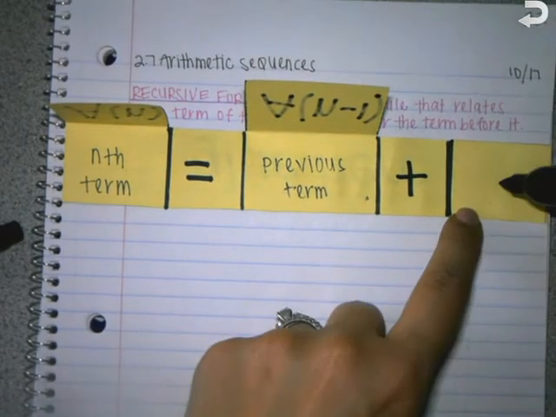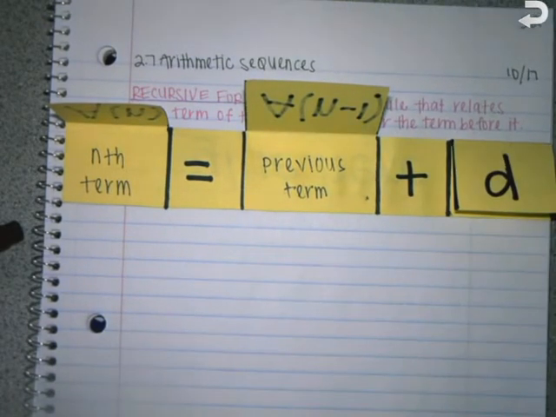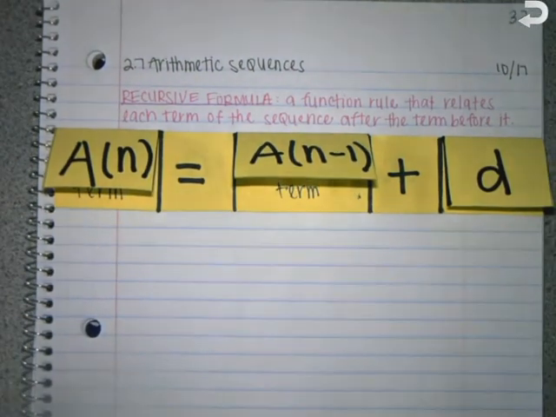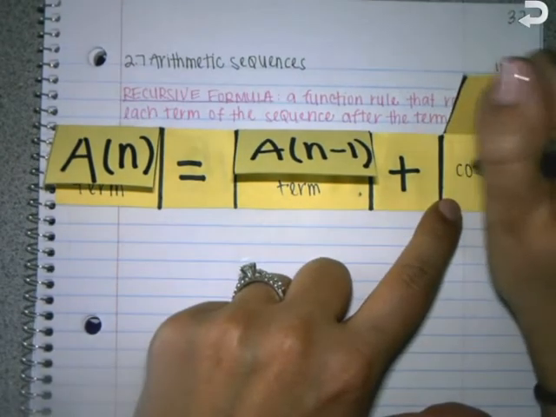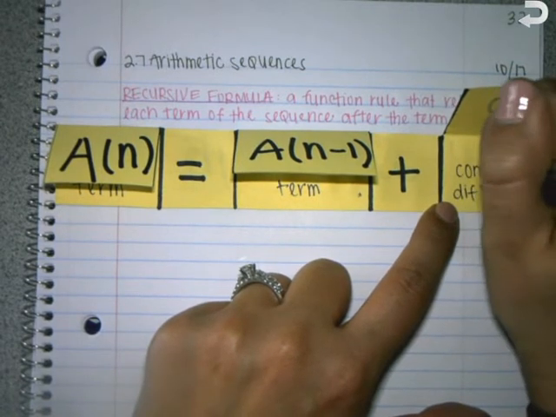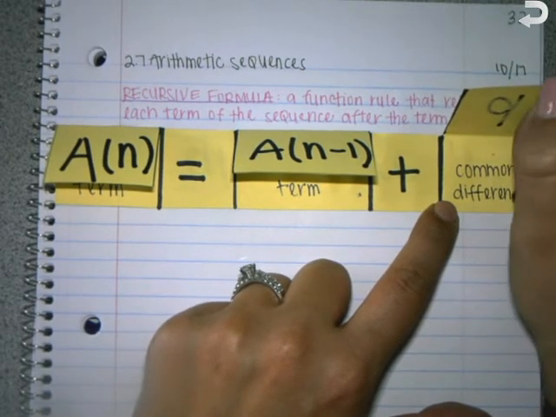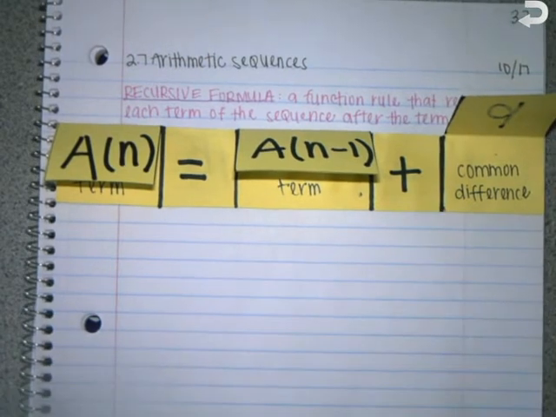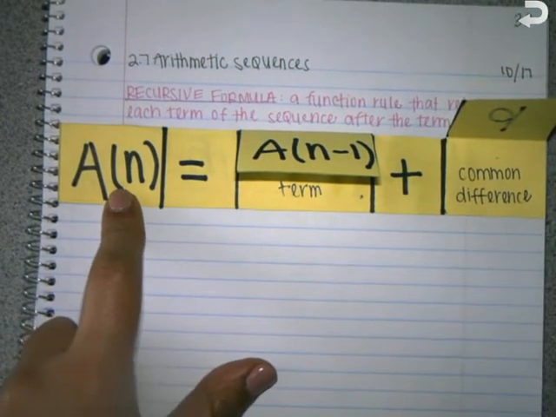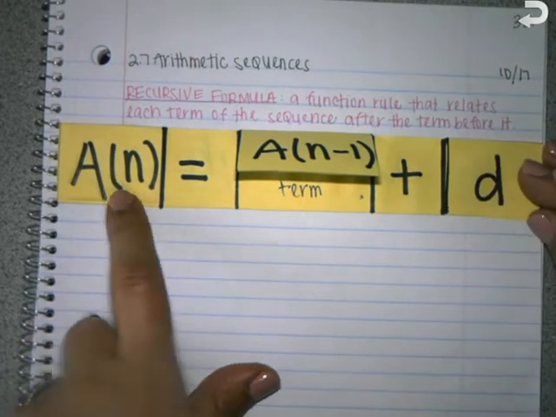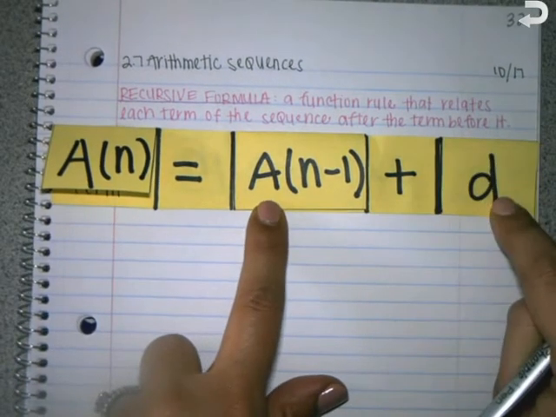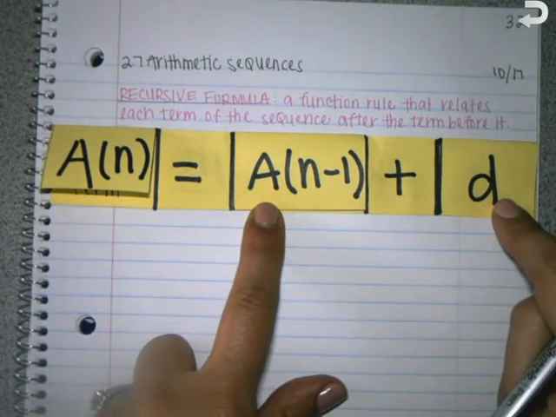So plus D. So let's write common difference under there. What this is saying is when I'm looking for the nth term, whatever number I tell you to plug in for n, it's going to come out to the previous term plus D, plus the number that we're adding each time. Does that make sense?